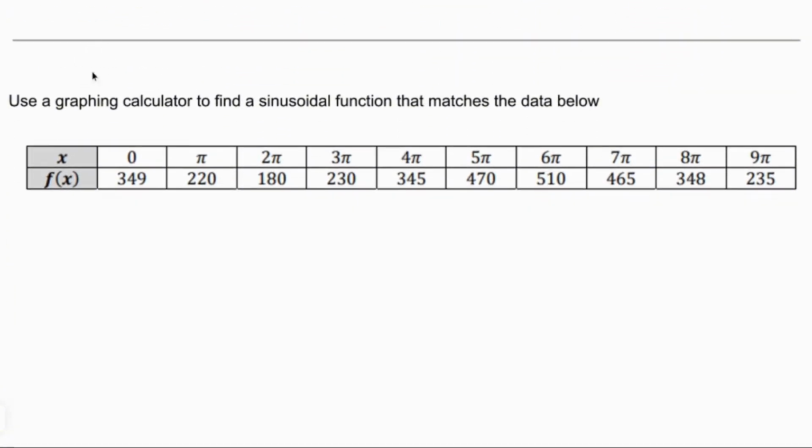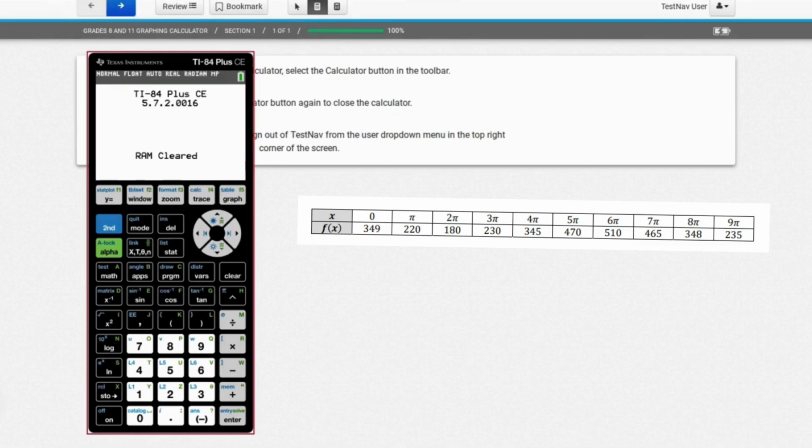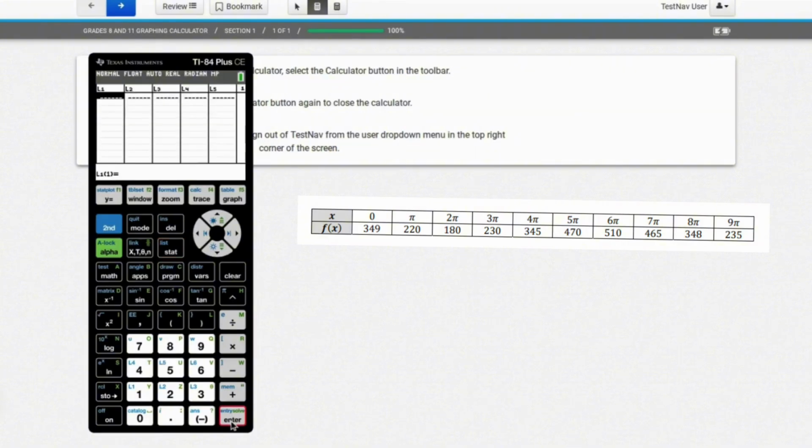Great. Use a graphing calculator to find a sinusoidal function that matches the data below. So we are going to do sin reg, which is sinusoidal regression. It's lots of fun. You ready? All right, sinusoidal regression is just like any other regression. You go to stat, edit, and you just start typing away. Our x values are 0, and then the pi button is right there.